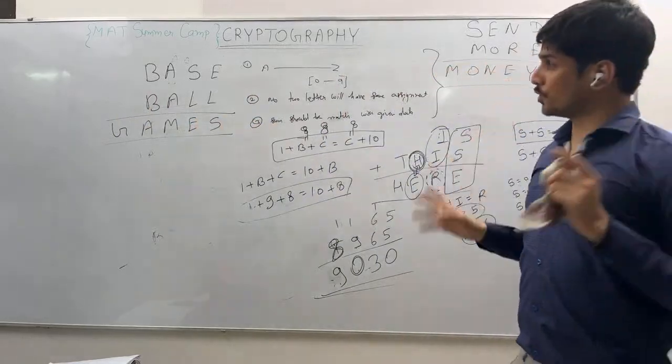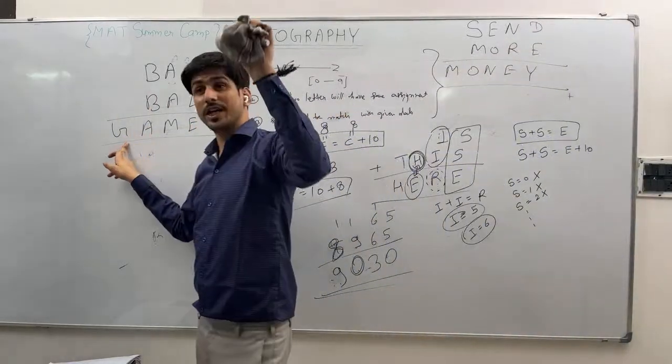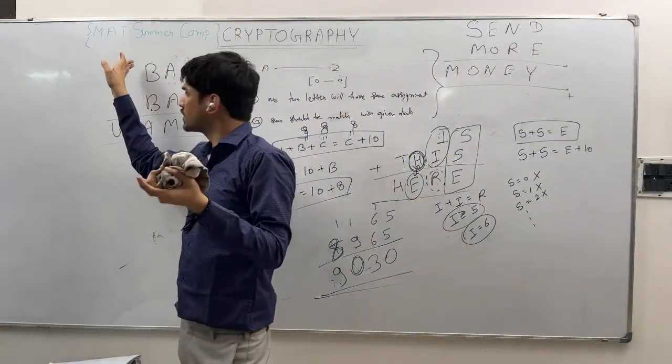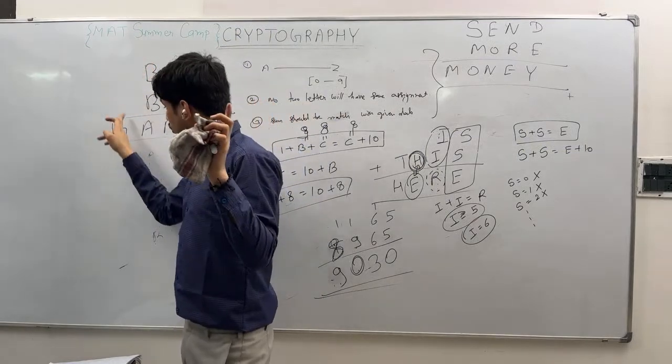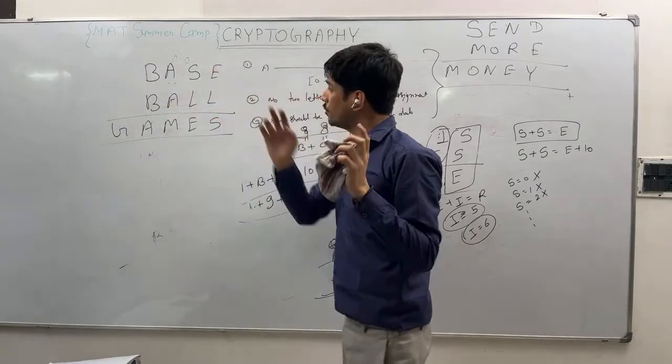So likewise, all of you try. So definitely the value of G has to be 1 because in the worst case, even if G is 9, 9 plus 9 is 18. So this will be 1. You know the value of G. Now you try.